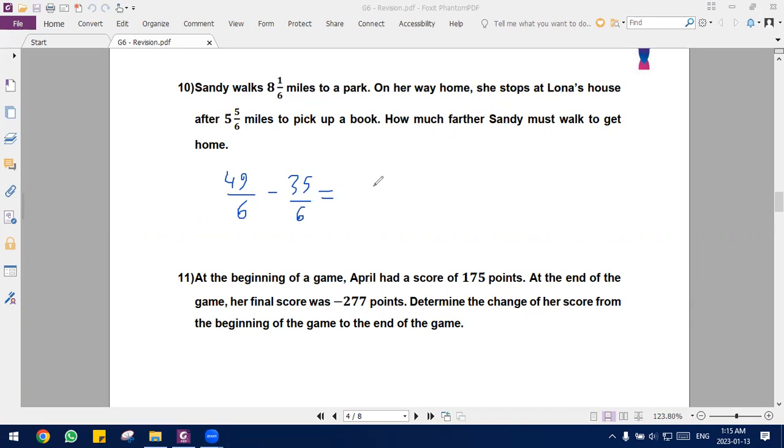Now when I subtract them, it's 14 over 6. Now can we simplify it? Yes, we can divide up and down by 2. So 7 over 3. And if I need to write it as a mixed number, 7 divided by 3 is 2. What's the remaining? 1 over 3 miles.